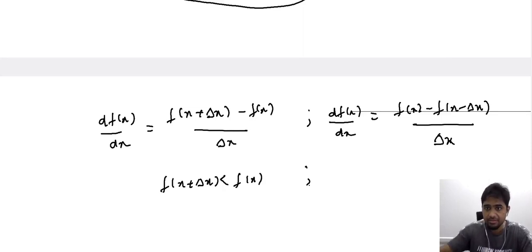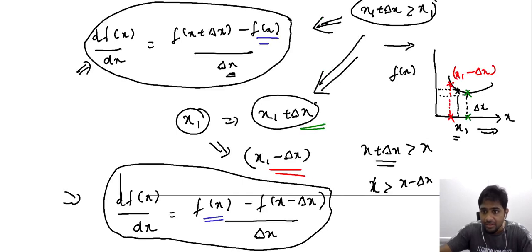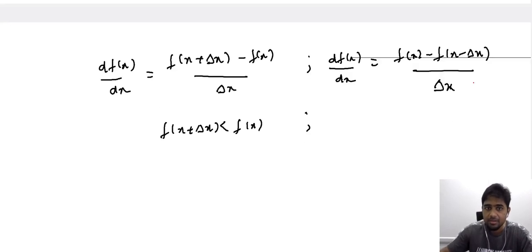And here, if you compare the free energy function of the original point, x1, it is here, and the free energy function of the point that we have considered, f of x minus delta x, is here. So f of x is less than f of x minus delta x.